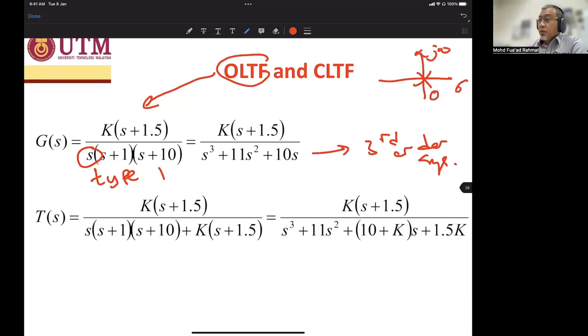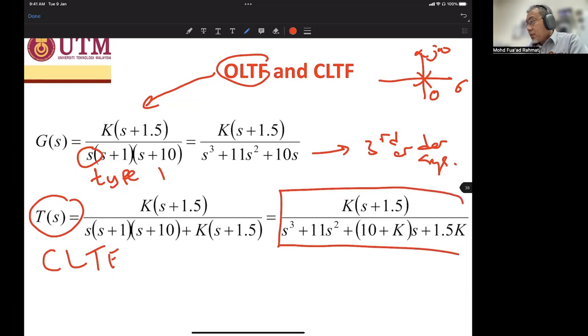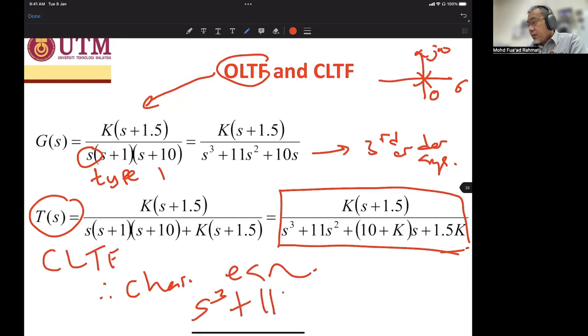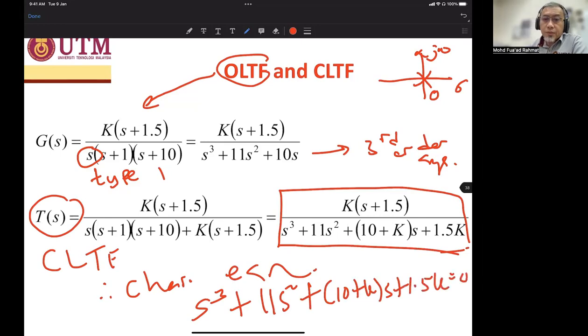So we derive the closed loop transfer function, CLTF, and obtain this closed loop transfer function. From here, the characteristic equation is s cubed plus 11s squared plus 10s plus K equals 0. Why do we have to know the characteristic equation?